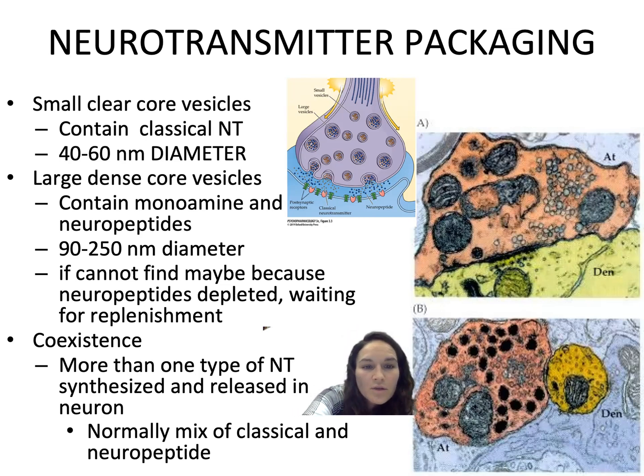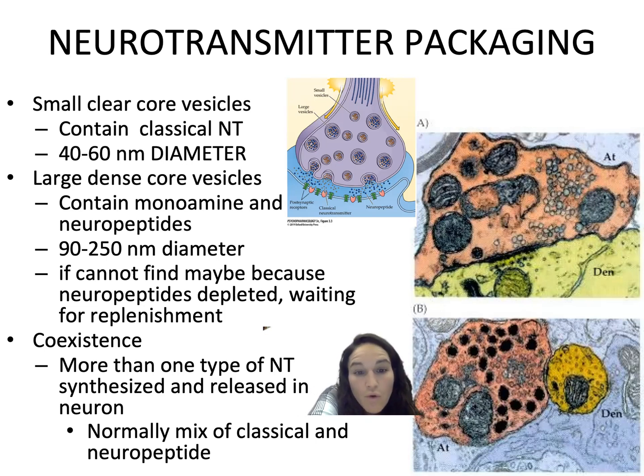Another thing to note in the cartoon and at the bottom of that image here is you'll notice that there's coexistence, where there's both large dense core vesicles in addition to small clear core vesicles, all in the same axon terminal. So this is not just something strange about the cartoon. This is a real thing.